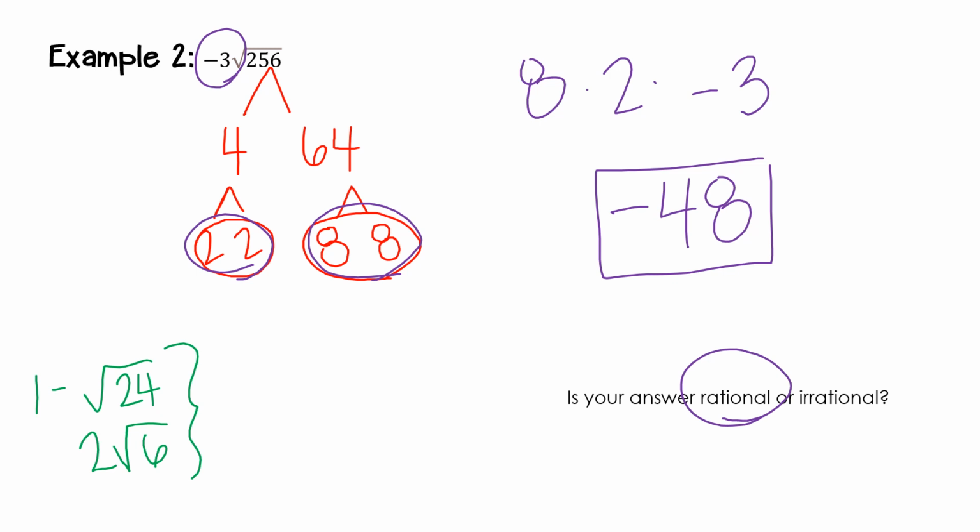So for example 2, if you typed in -3 square root 256, because this is an integer answer, you should have actually just gotten -48 with the calculator. So that will help you to know that it's a perfect square and that when you do your factor tree, you should not have any singles.